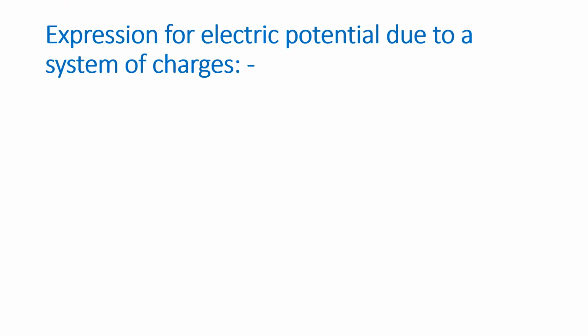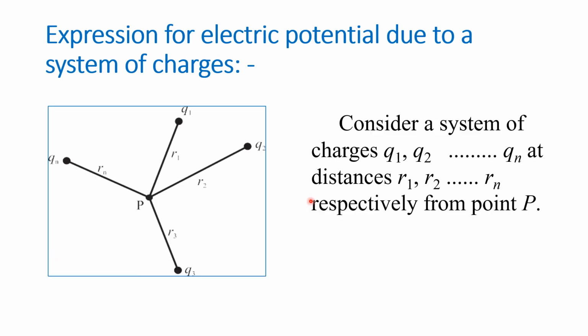Expression for electric potential due to a system of charges. Consider a system of charges Q1, Q2, Q3 and Qn at distances R1, R2, R3 and Rn from a point.